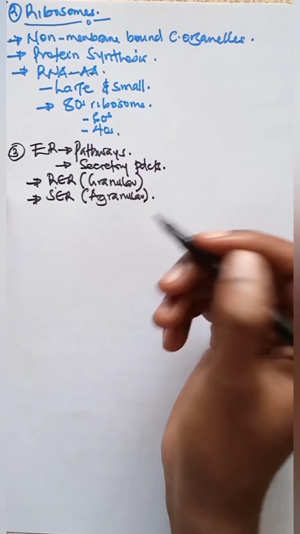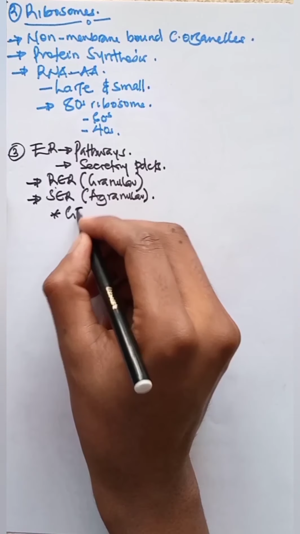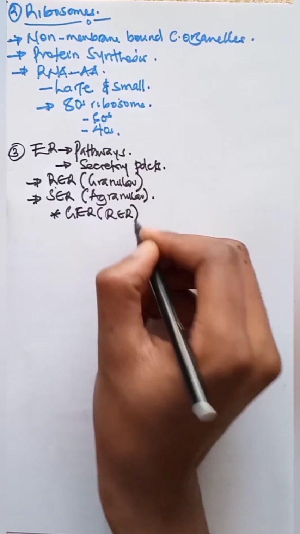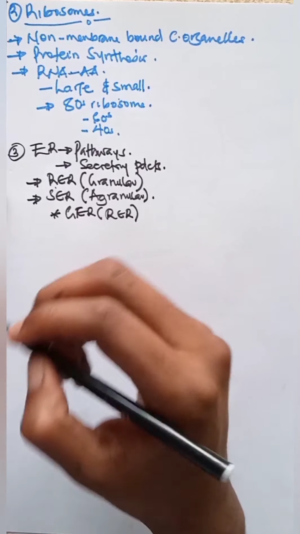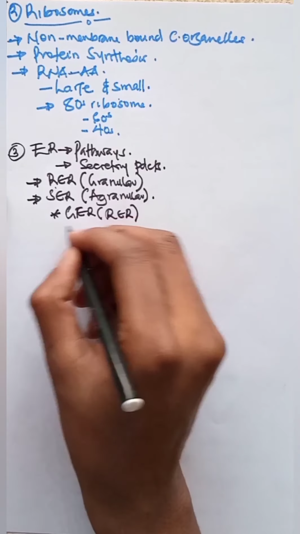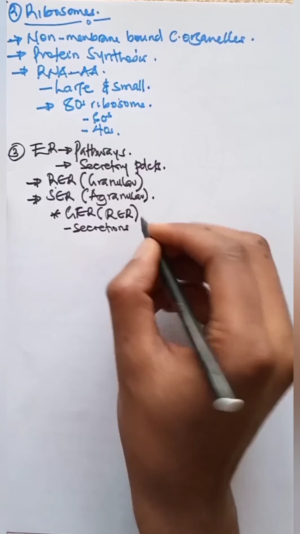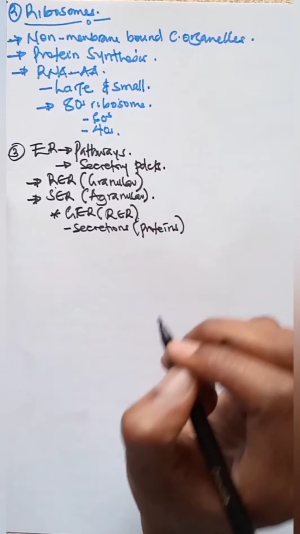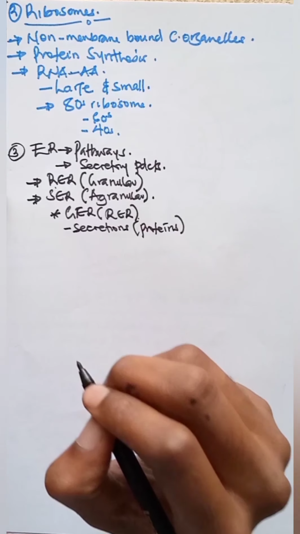So the granular endoplasmic reticulum, or the rough endoplasmic reticulum, of course, is abundant in cells that actively produce secretions, or what we call the proteins. So that's the major function of endoplasmic reticulum.